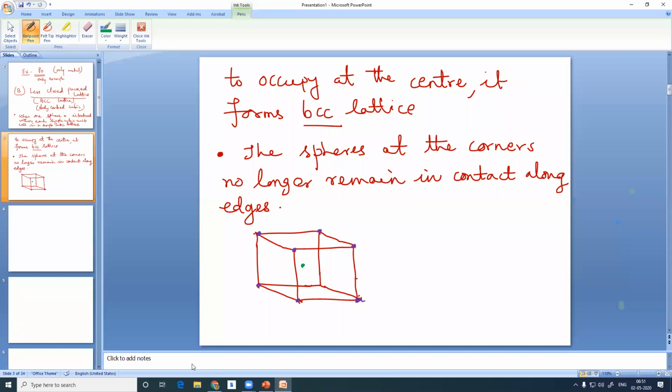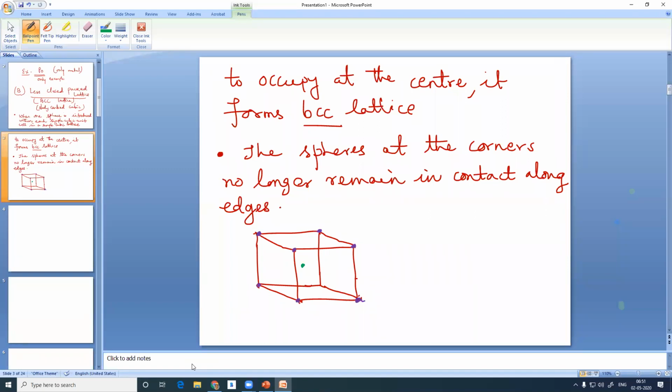Imagine that you have a simple cubic lattice. Are you imagining? You have a very worst kind of simple cubic lattice, developed using convex tips.